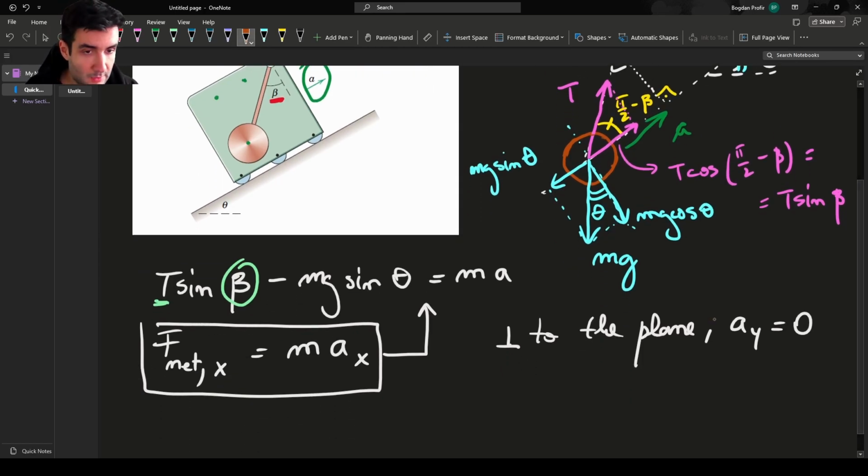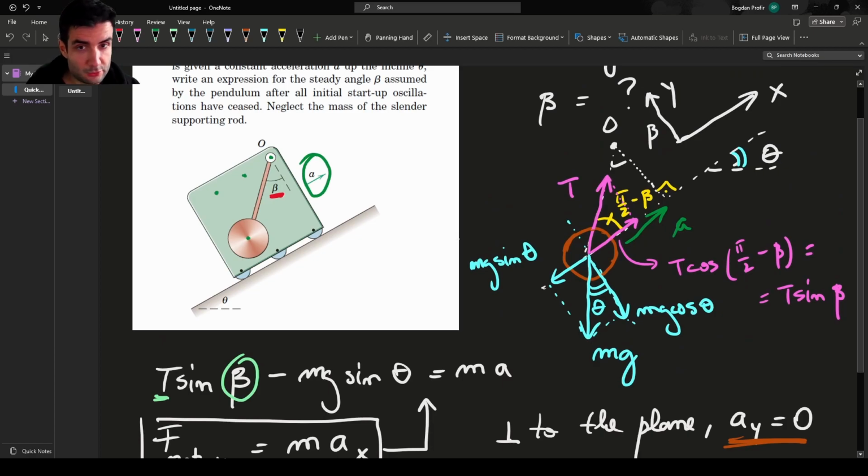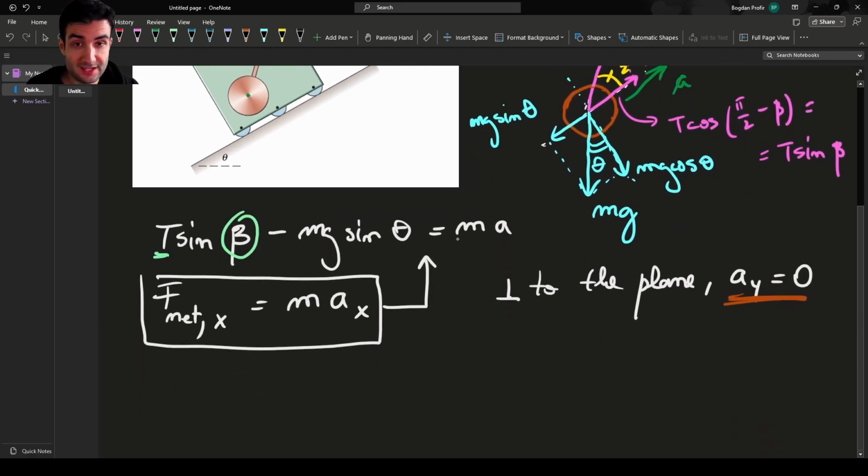That means the net force on the pendulum perpendicular to the plane is equal to zero. The net force in the y direction is m times a_y, which is equal to zero. So let's look at what those forces are.